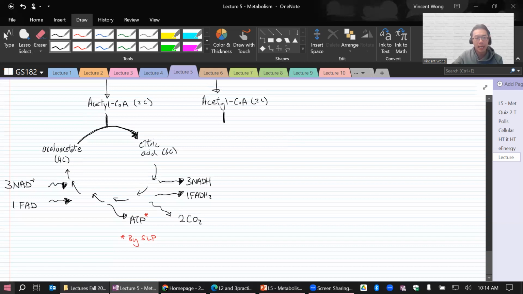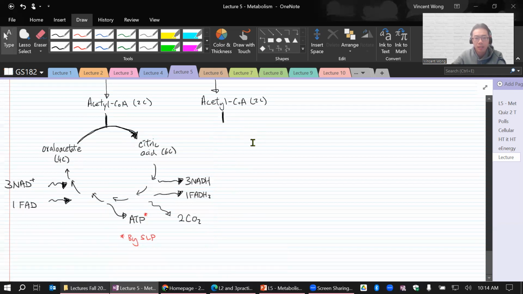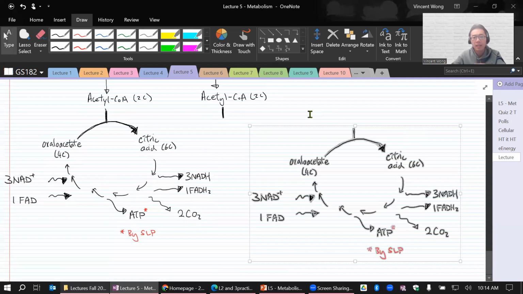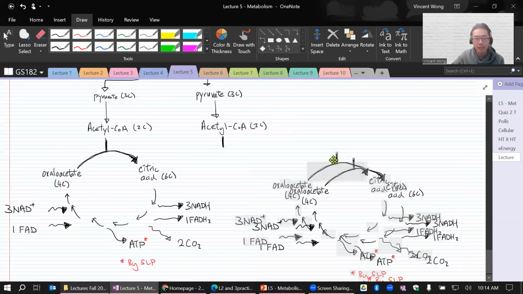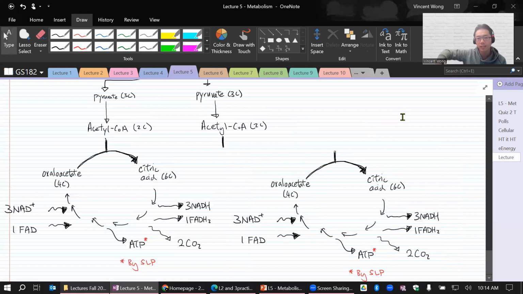So remember, this whole thing happens 2 times for each glucose molecule that you metabolize, because each glucose molecule gives you 2 pyruvate, which gives you 2 acetyl-CoA. So I'm just going to copy it like that. You can reorganize the notes at a later time. There we go.